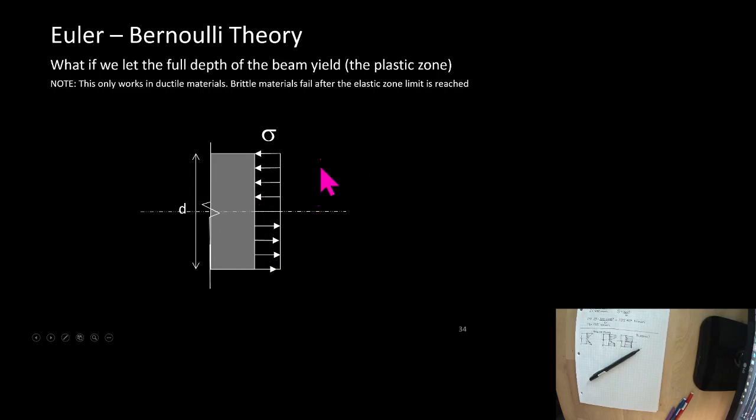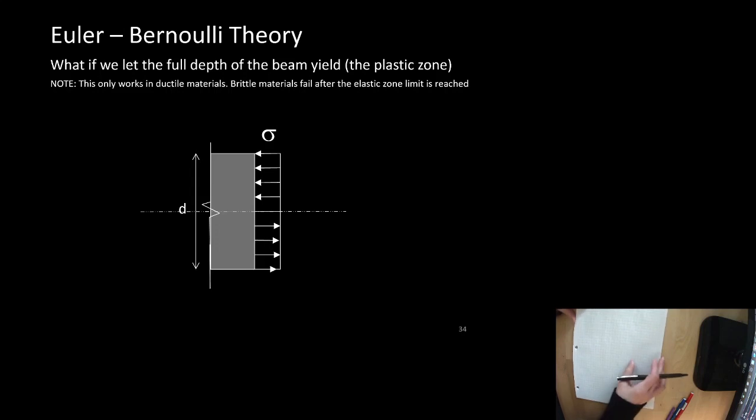But if we had a ductile material, and we said, okay, how about we let it yield just a tiny little bit? We know there's still a little bit that's elastic, and we'll take that all the way down just to the neutral axes. Let's do the same thing we did for the derivation of our elastic bending, but let's let it go into the plastic zone.